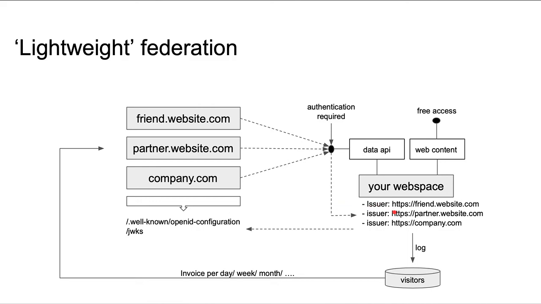So what you could do now is, each time one of these users accesses your data, you could write this event into a logging database with your visitors, and for whatever relationship you have with one of these parties, you could send an invoice or you could send any kind of feedback to these platforms in order to share the knowledge that these users have used your data API, and you may charge money for that, or you ask for certain feedback or whatever it is.